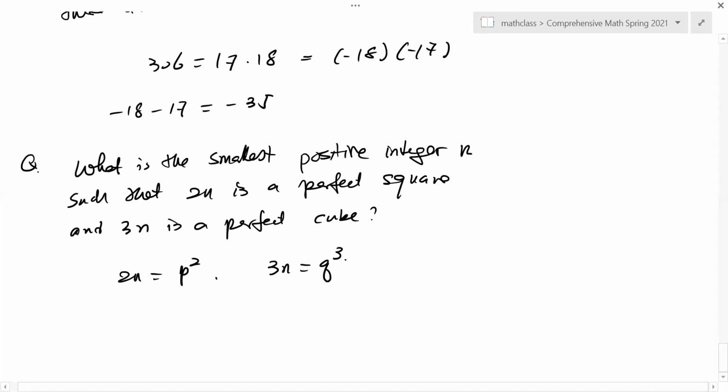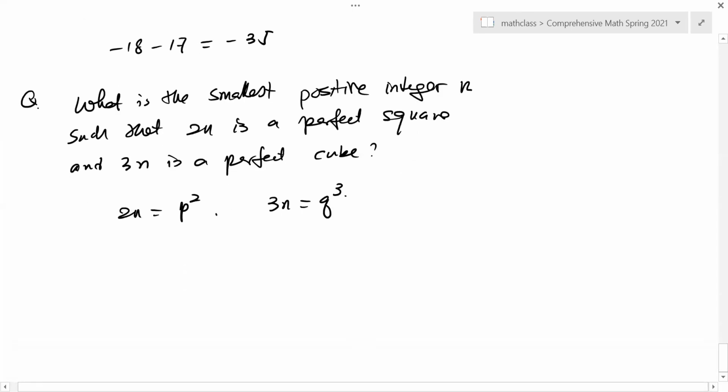Okay. So you get P squared and Q cubed, right? That's only an assumption. So what do you get? And so how does that relate to the P squared and the cube, right?